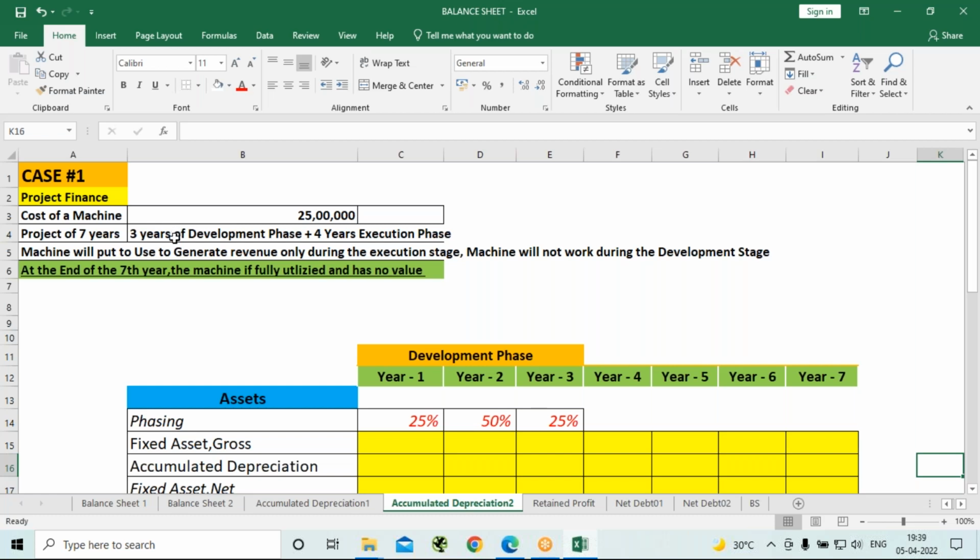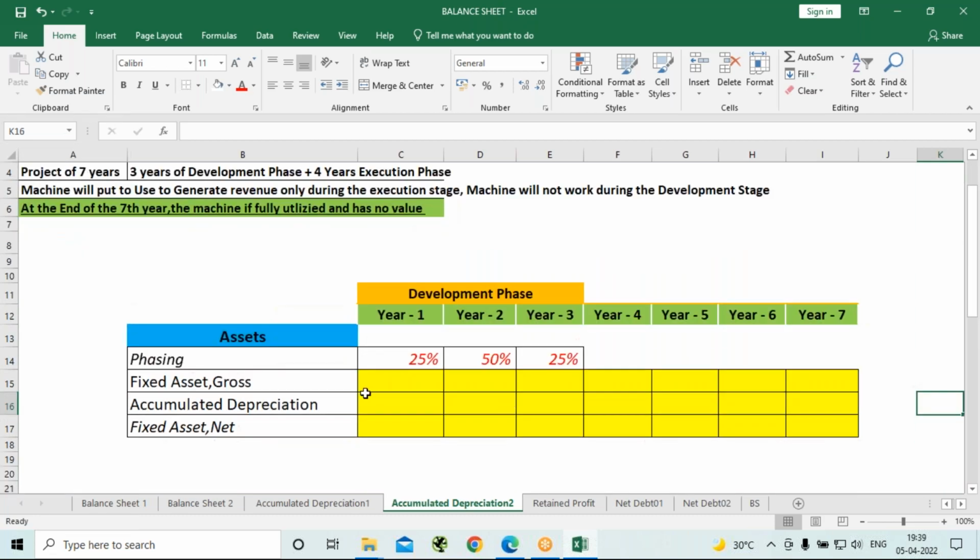It has been specified that the first 3 years of this tenure, the project is going to be in the development phase. In this development phase, the machine will not be working. So the asset is not going to get depreciated, because they are going to bring the machine and fix it, phase wise, percentage wise.